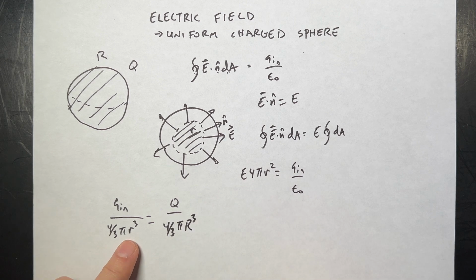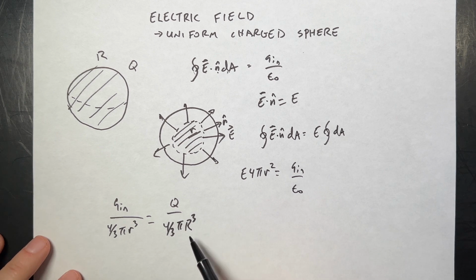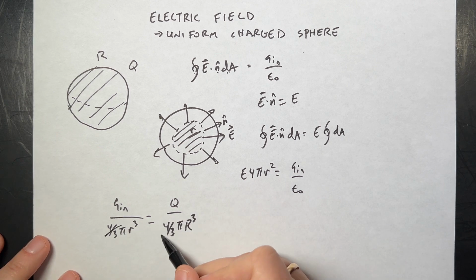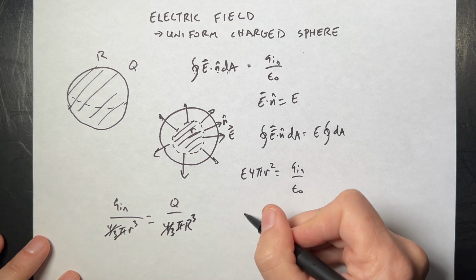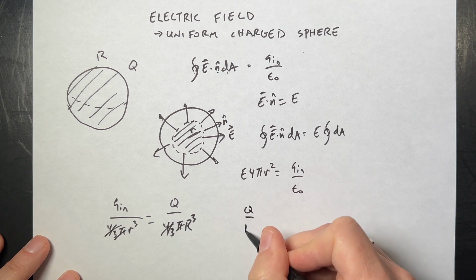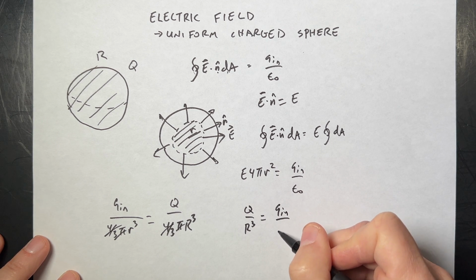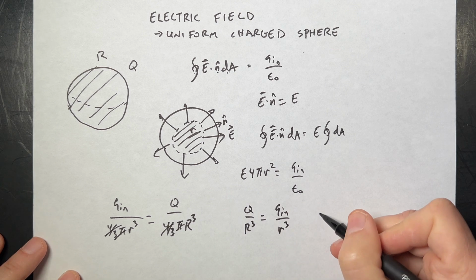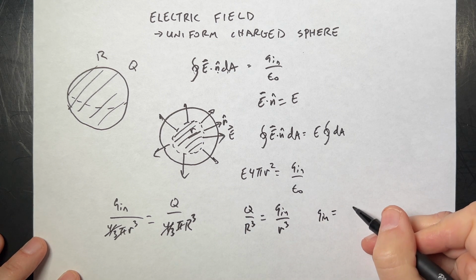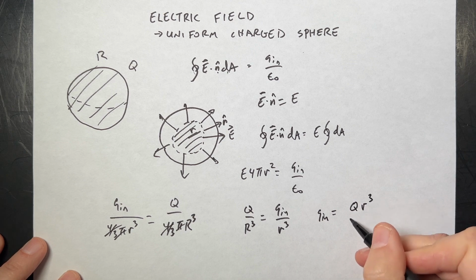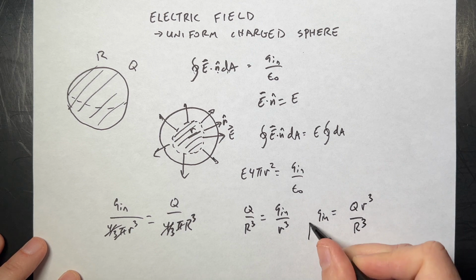Here I said lowercase r and here capital R, so those are different, but you knew that, right? Well, look at that. 4/3 cancels, pi cancels, and I get Q over R cubed equals Qn over r cubed. And so Qn is going to be equal to Q r cubed over R cubed.